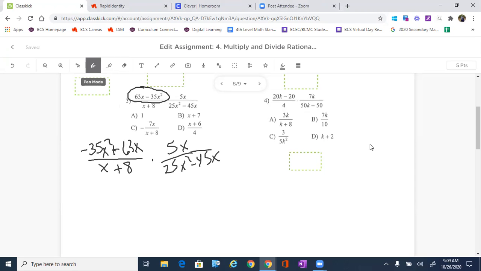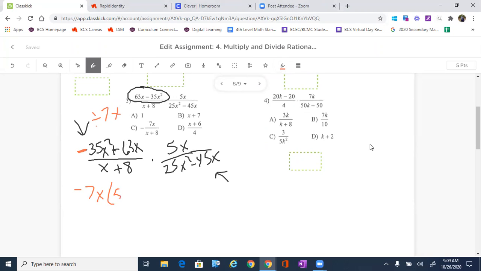Okay, and as we're doing this, we just need to start recognizing, well, how do we factor these? In these cases right here, you're going to be looking for greatest common factor. And because the leading coefficient is negative, I am going to factor out a negative out of that top one. I know that the greatest common factor of 35 and 63 is going to be 7 with an x. So I'm going to take out a negative 7x.